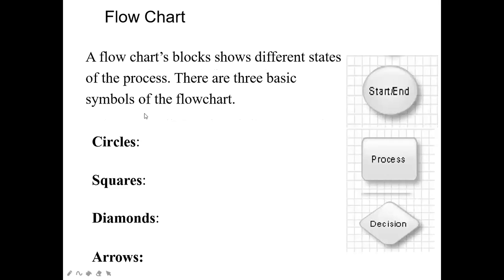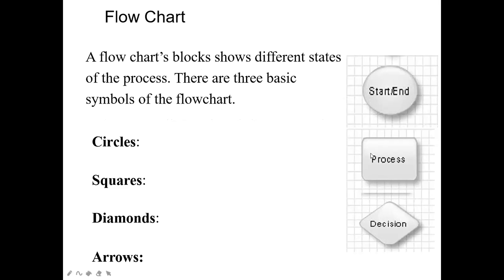And these are the flowchart symbols. A flowchart's blocks show different states of the process. This is the start and ending symbol. It could be an oval or circle, right? This is the process symbol. It is a rectangle. This is the decision symbol, the diamond box, used when a decision needs to be taken.